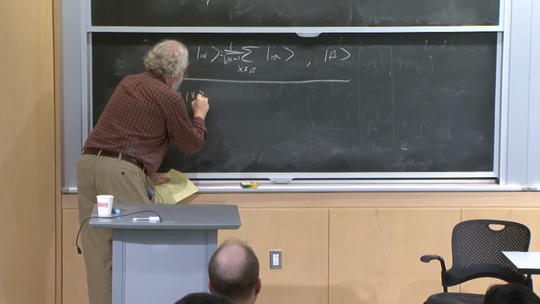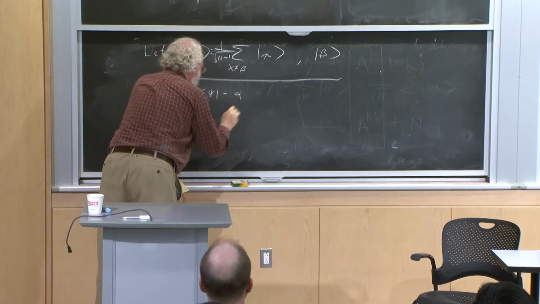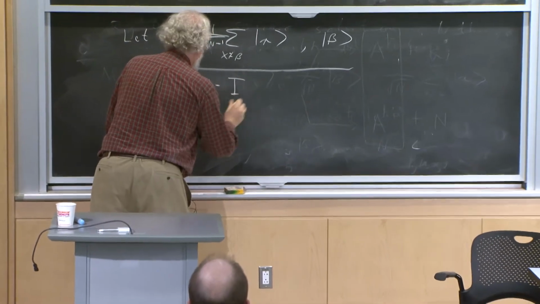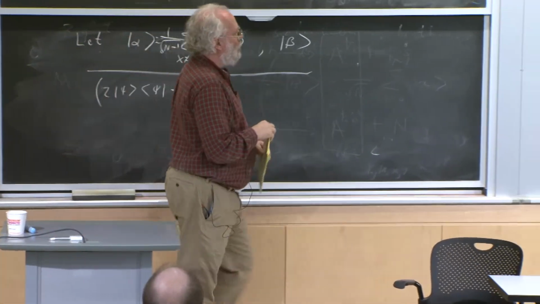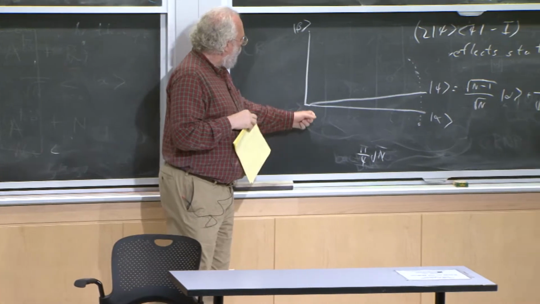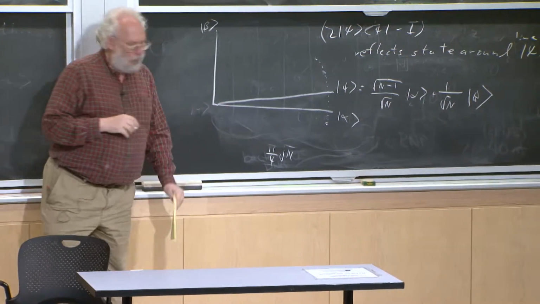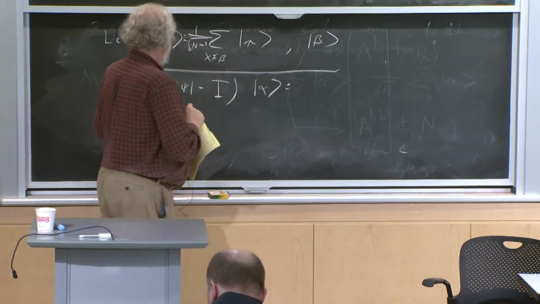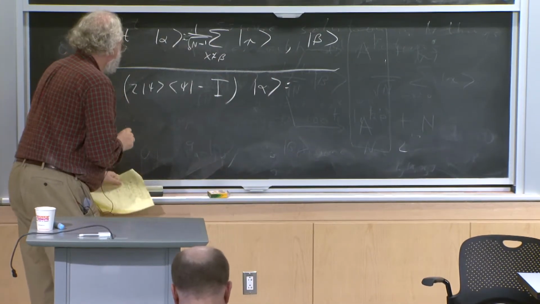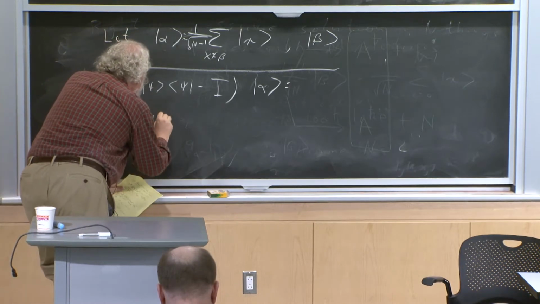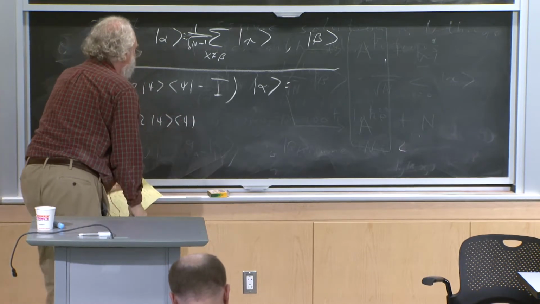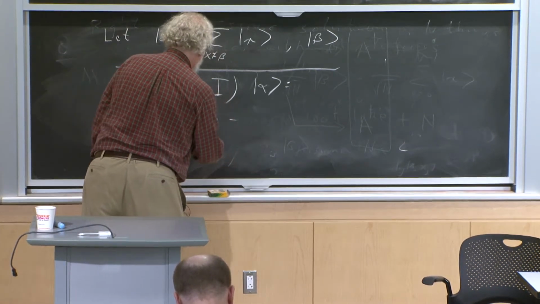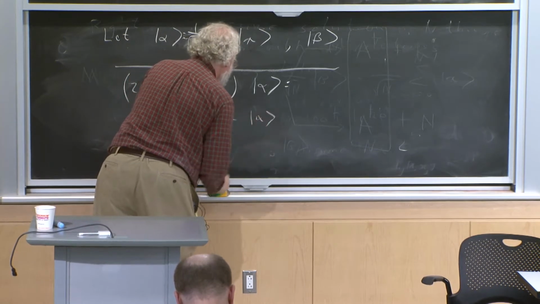So 2 psi minus I applied to alpha is equal to 2 psi times alpha minus alpha.